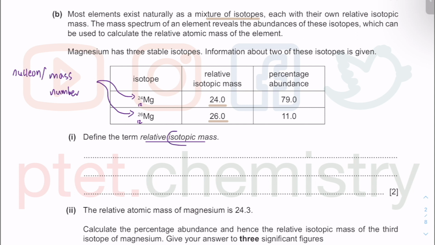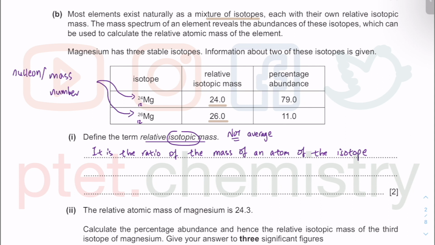The fact that it's to do with the isotope, it is not average. A lot of students are confused between the definition for relative atomic mass, relative formula mass, as well as relative molecular mass. The other 3 are definitions as stated in the syllabus, something that candidates should be able to do as well. Those involve average, but not this isotopic mass. So it is the ratio, it's always a ratio. And this is not average mass, it's just the mass of an atom of the isotope, because it's referring to a particular isotope.